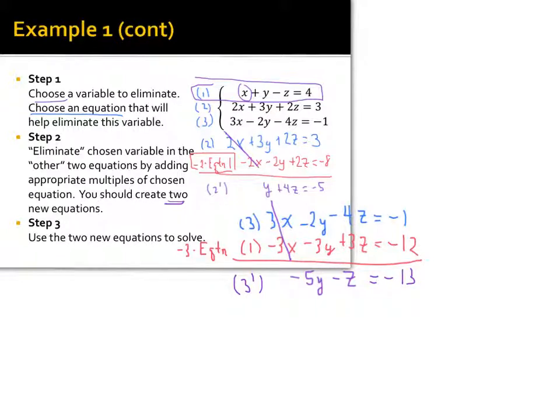Okay, so now we're ready to do step 3. And so in step 3 it says we're going to use the two new equations to solve. So the two new equations are this one, y plus 4z equals -5, and the one with 3 prime, -5y minus z equals -13.